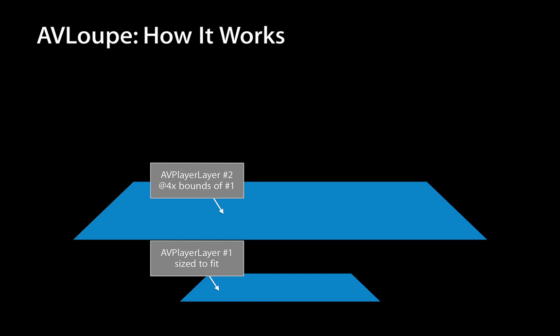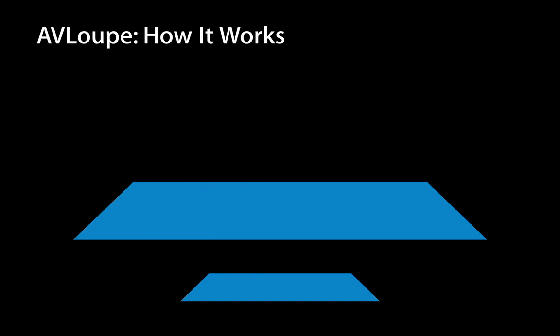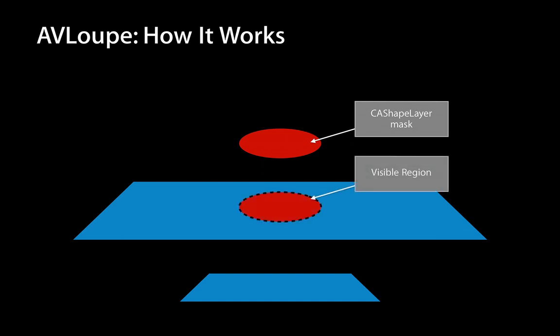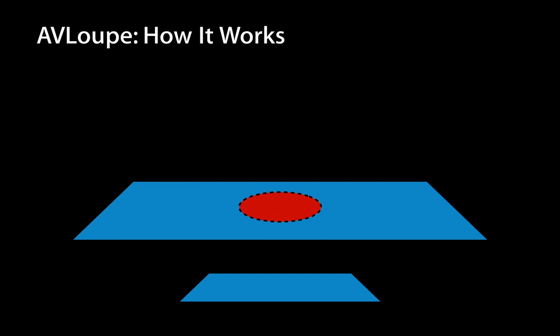To make it look like a loop, make it look like a magnifying glass, we're going to create a CA shape layer and associate with that a Core Graphics path for creating the circle. Applying that mask to the magnified layer, we get a visible region. And this visible region obscures a smaller magnified region on the main player layer.